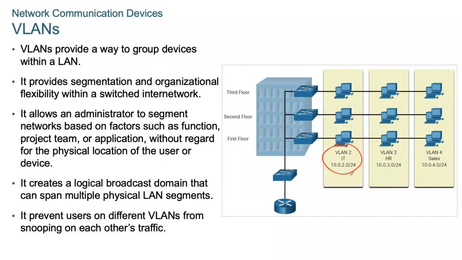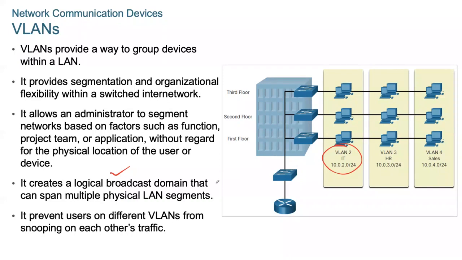So a virtual LAN creates a logical broadcast domain that can span multiple physical LAN segments. This VLAN improves network performance, as said, by separating large broadcast domains into smaller ones.